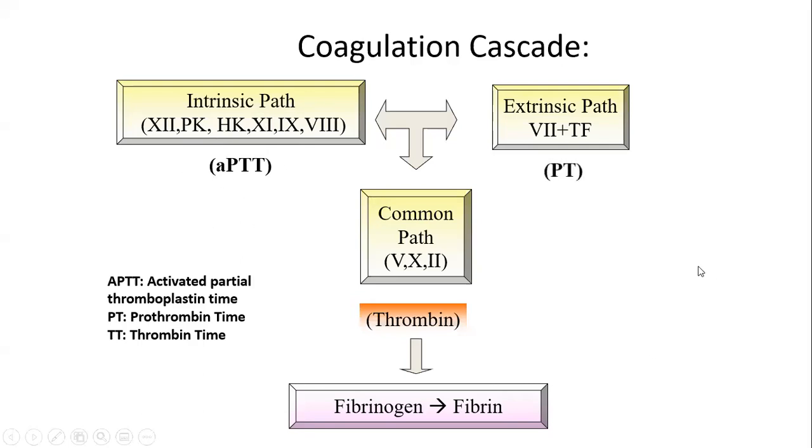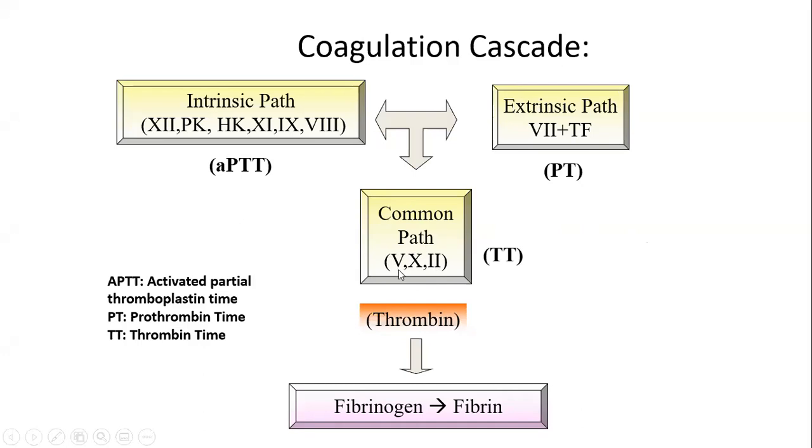Similarly, PT, prothrombin time, signifies the extrinsic pathway. So with any defect in the extrinsic pathway, prothrombin time is increased. Similarly, for the common pathway, there is thrombin time, the formation of thrombin being the common pathway.